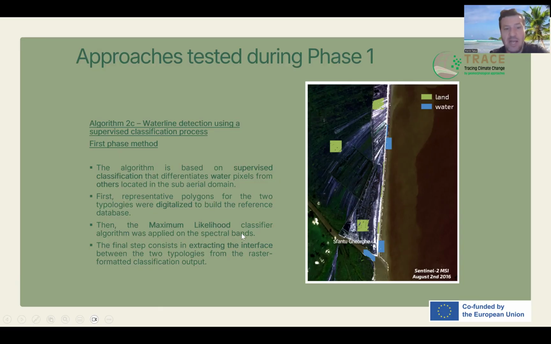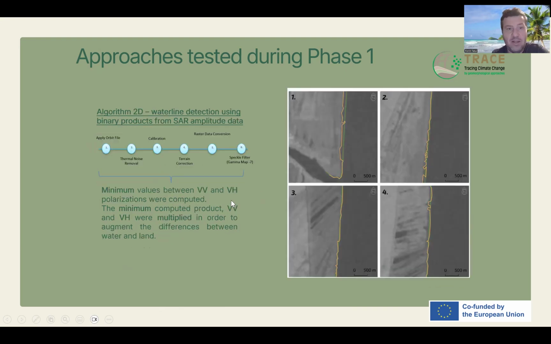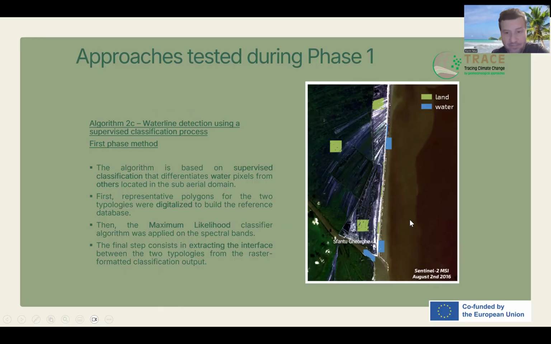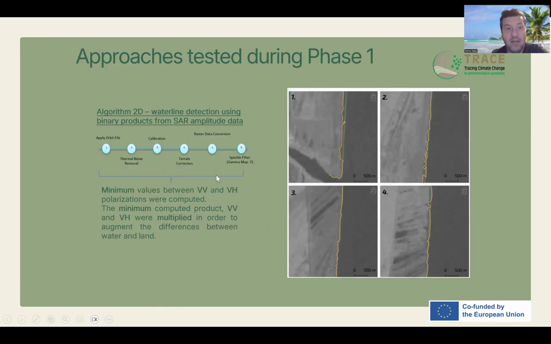We used the maximum likelihood classifier algorithm on the different spectral bands, and we extracted the interface between the two typologies, land and water. The results were not very good here, because the algorithm didn't work very well.